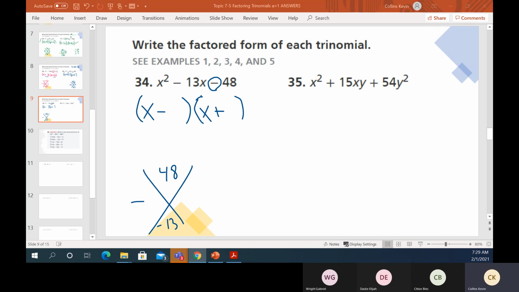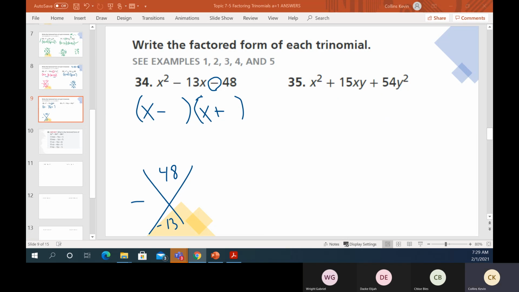You're right, 6 times 8 does give us 48, but it's 14, not 13. And again, they need to be farther apart. See, 8 and 6 are close together. They're only 2 apart. So remember, when you have a negative, it's really how far apart they are from each other.